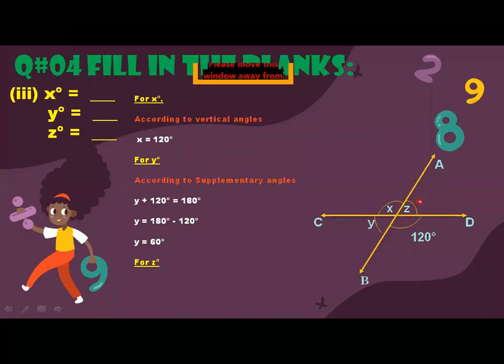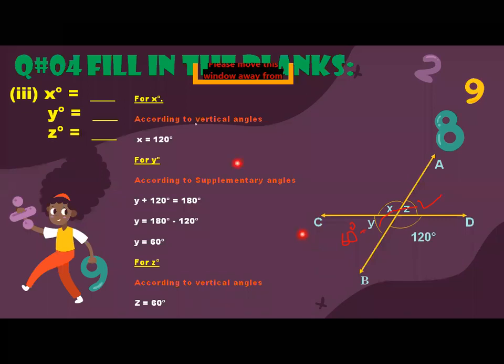Okay, as you can see here for z, the vertical angle of z is y. And you know y is equals to what? Y is equals to 60 degree. So simply you will write it down according to vertical angles. According to vertical angles, z is equals to 60 degree. This is very simple and very easy.